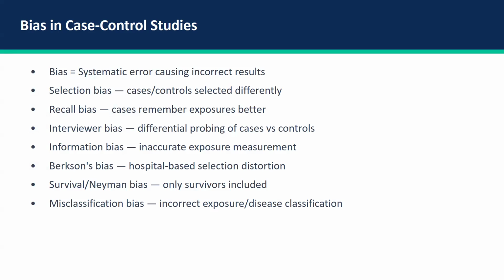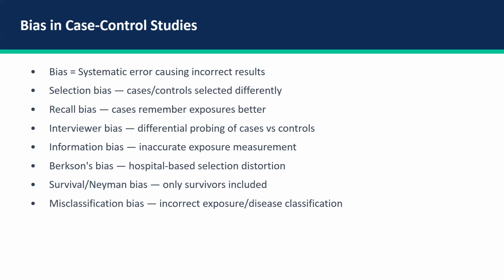So these are the different kinds of bias which can be present in the case control studies. Bias basically is a systematic error which is causing the incorrect result. So selection bias can be there, means cases or controls are selected differently. Recall bias, cases remember exposures better than the controls. Interviewer bias, where the differential probing of the cases versus controls occurs by the observer or the interviewer.